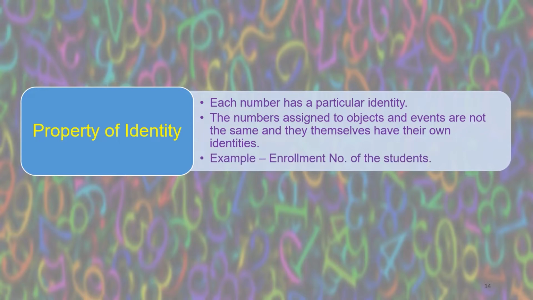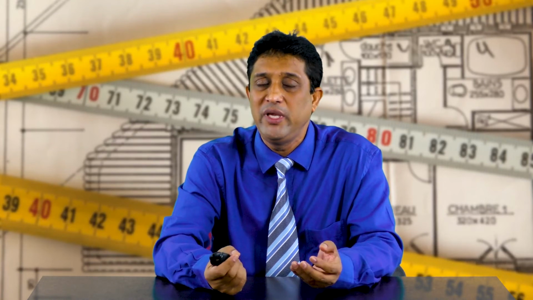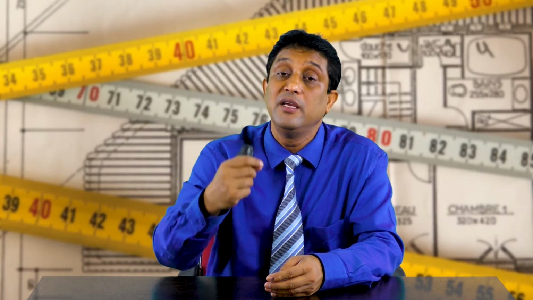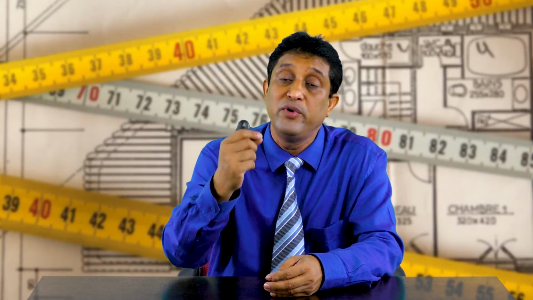So you will find that your enrollment number is different from others. That means you have your own identity with a number, with a symbol. So that is the property of identity. It may be a roll number, an enrollment number, or whenever you appear for any examination, such as an entrance examination, you are assigned a control number or a roll number.